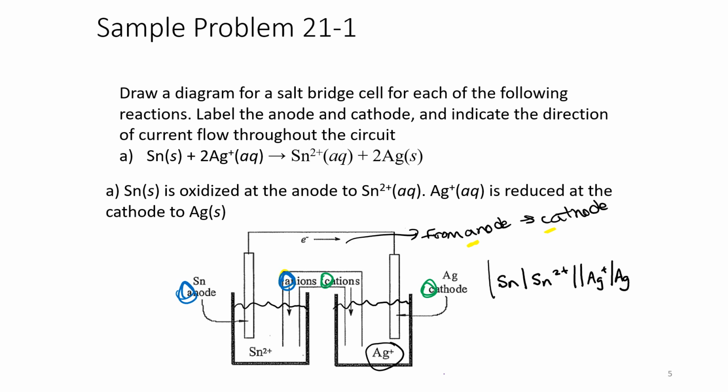This shorthand cell notation conveys basically all of this information. But we need to know what the pictorial view looks like so that we know what the shorthand cell notation is also telling us at the same time.